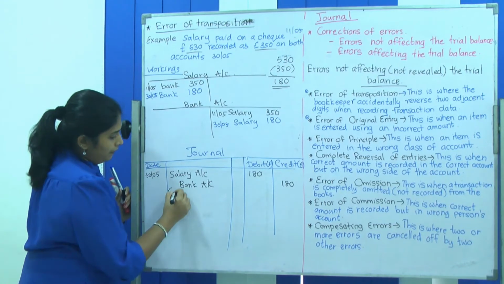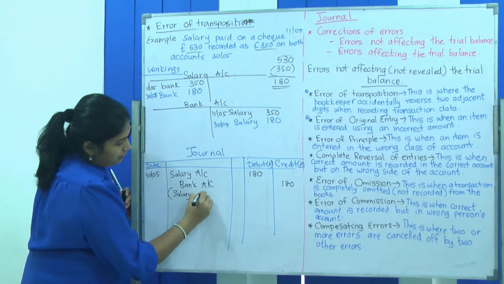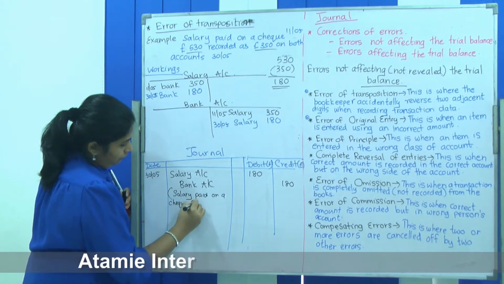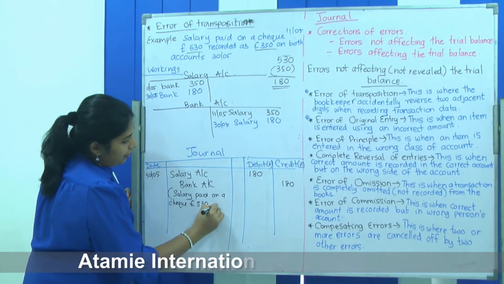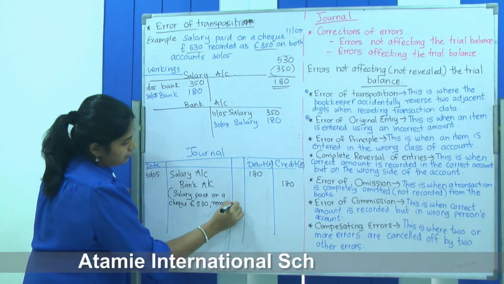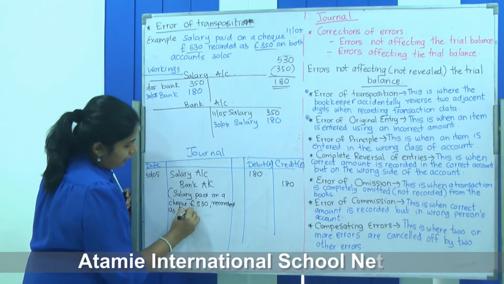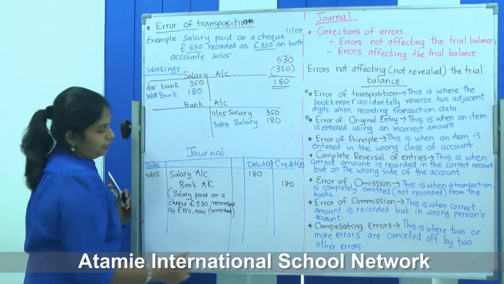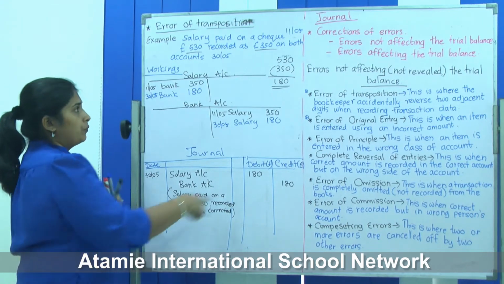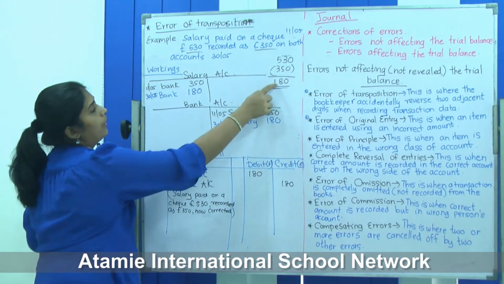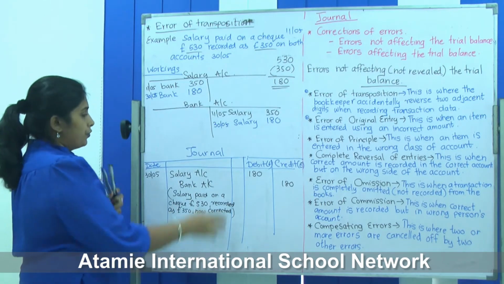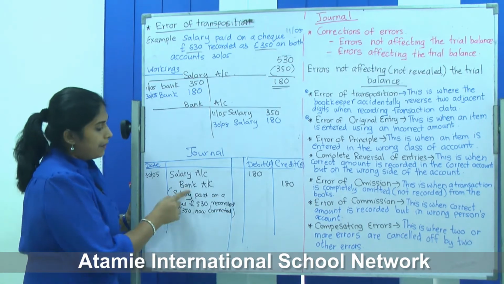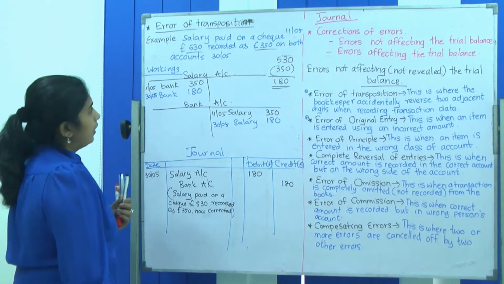The narrative will be: salary paid by check, $530 recorded as $350, now corrected. So salary should be 530, they recorded 350, so the 180 difference should be recorded again: salary debited by 180 and bank credited by 180.